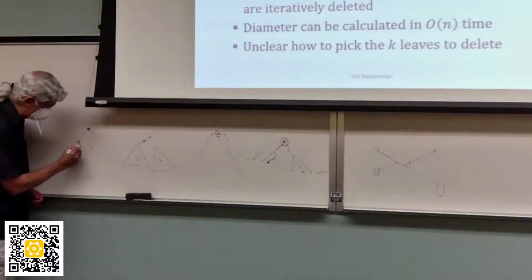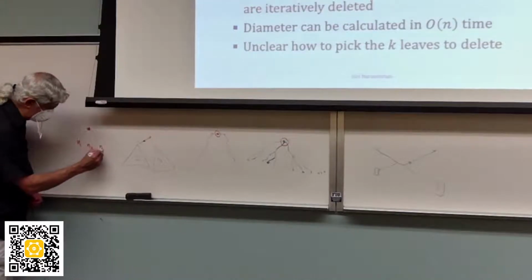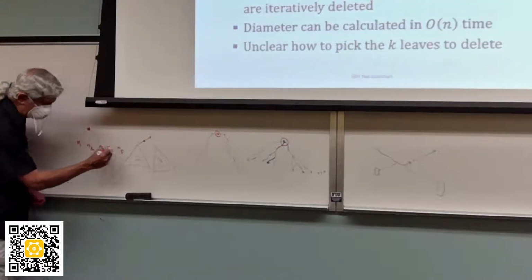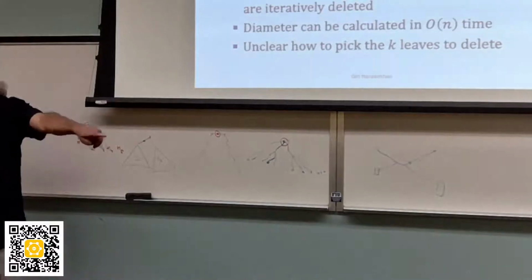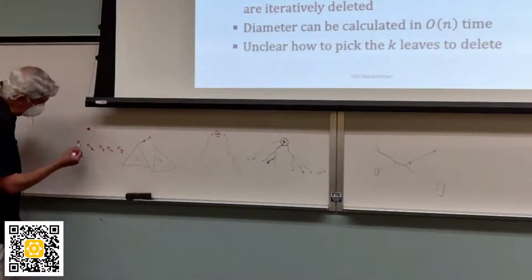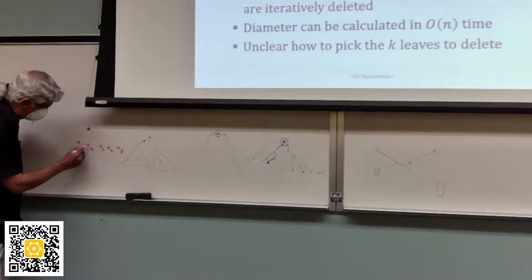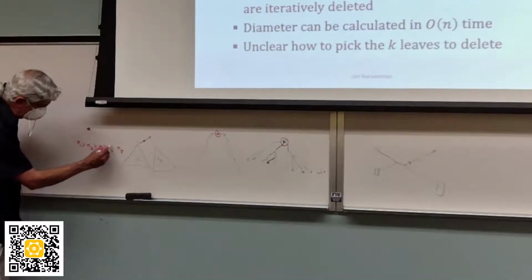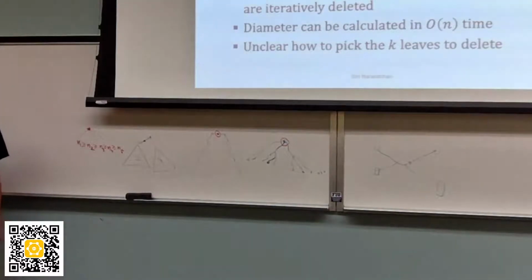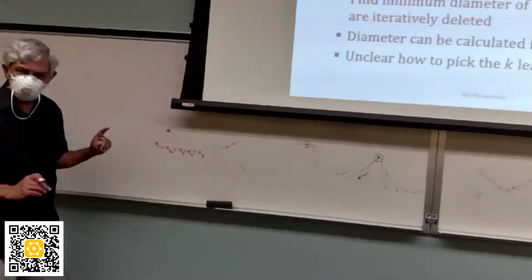I have many branches. I have n1, n2, n3, n4, n5, number of nodes that are a distance half the diameter away. And just for the sake of argument, let's say this is the order: n1 is at least as big as n2, which is at least as big as n3, and so on. So now the question is, which ones am I going to remove?